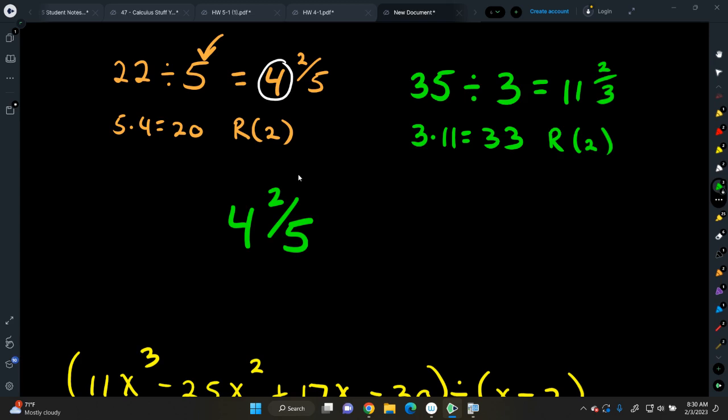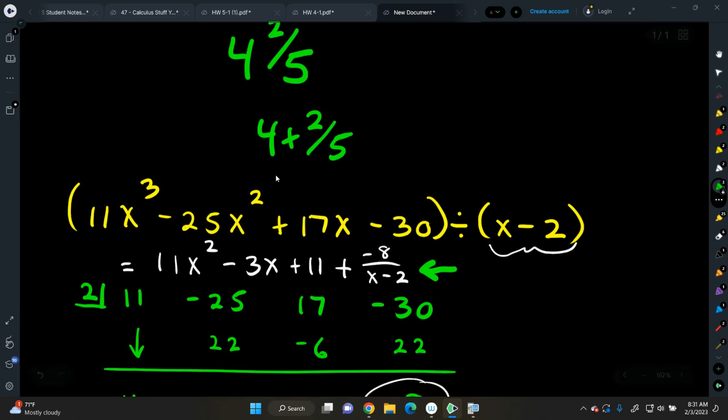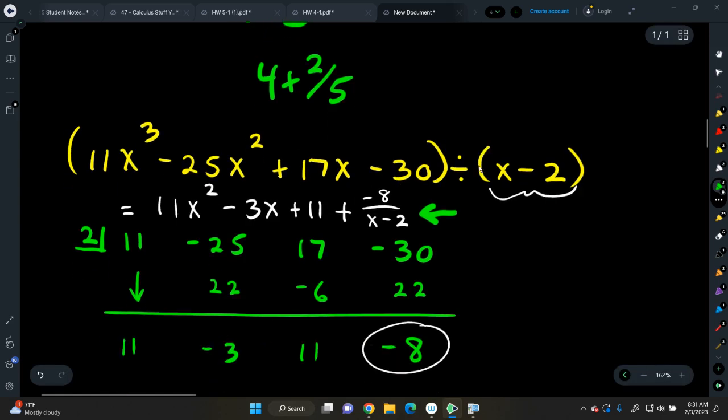And what does "and" mean in math? Add. So this is 4 plus 2 fifths. And that's how we're writing it here. We're using the plus. So you don't plus R, you just plus that.